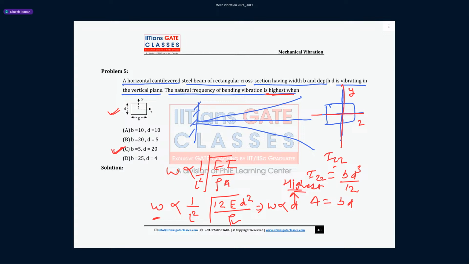The system will vibrate with the highest natural frequency when B is 5 and D is 20. Now guys, if they asked when the system will have the lowest natural frequency, the lowest will be for the case of D. Okay. So C is the answer.